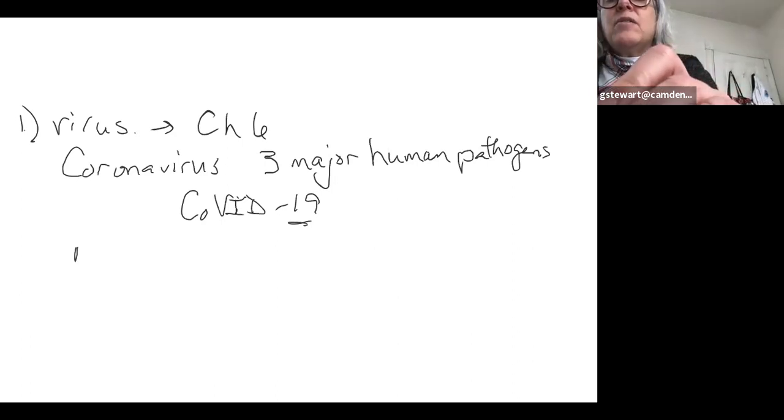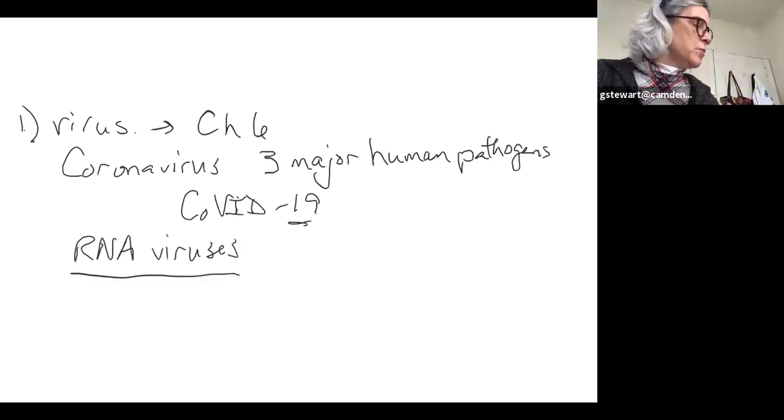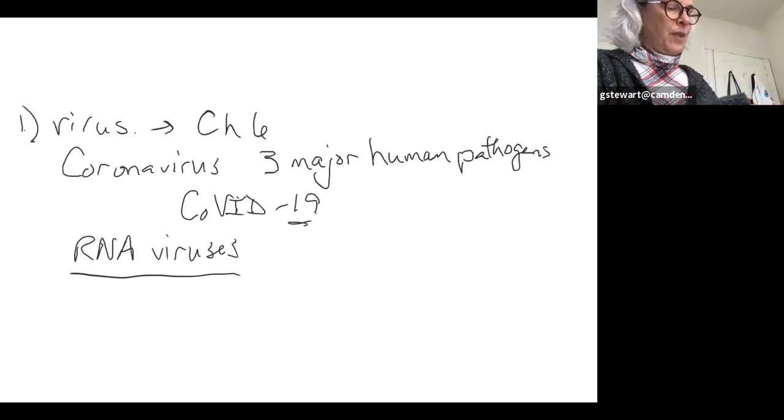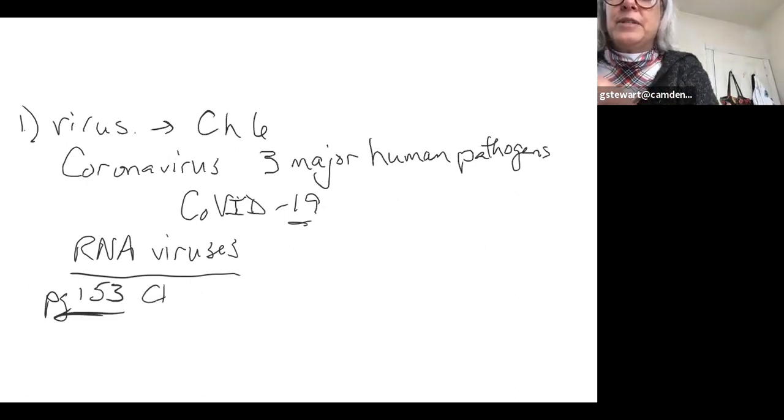Now, these guys are all RNA viruses, not DNA viruses, which is why doing the PCR test requires one of 2 adaptations for that to be successful. But first of all, what I wanted to have you look at was the picture on page 153 from chapter 6 that talks about this particular virus's multiplication cycle, right?